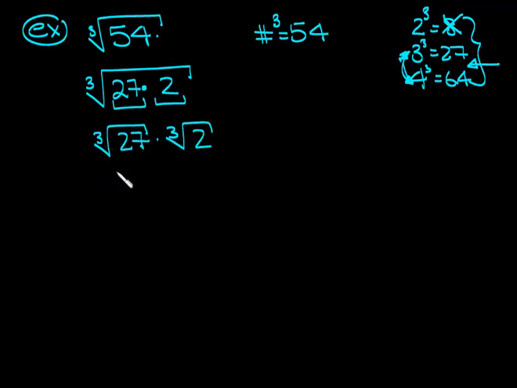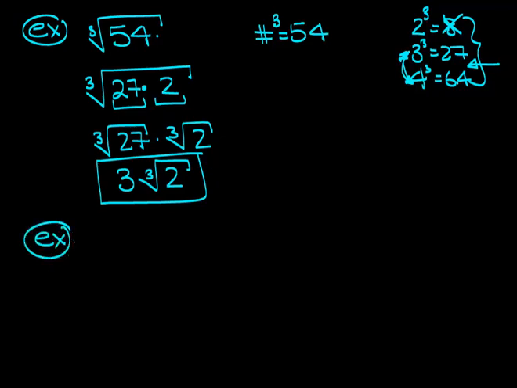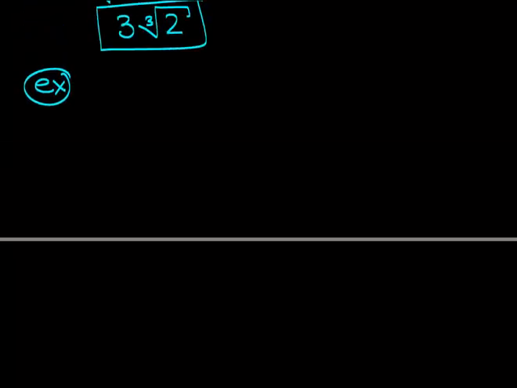Cube root of 27 is 3 because 3 cubed is 27, and then I get 3 cube root of 2. So there's 54 reduced to 3 cube root of 2. Okay. One last example, and then we'll move on to some different types of examples.